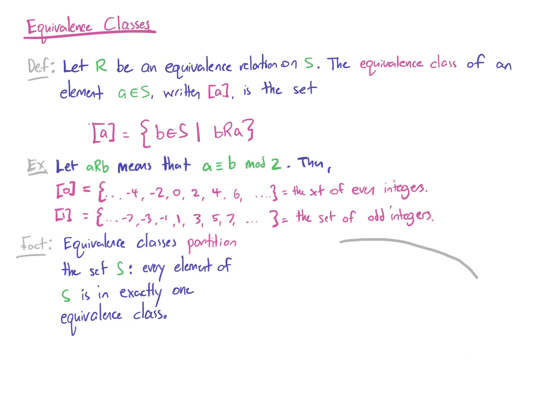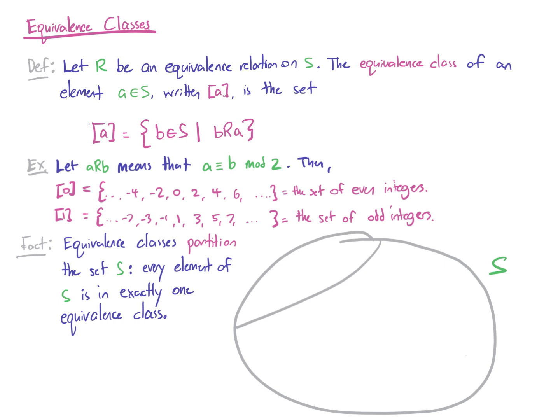If we draw this, here's a big Venn diagram type representation of the set S. What this means is that this entire set can be subdivided into a bunch of sets or regions that fully cover S. So here maybe is the equivalence class of element A, here's the equivalence class of element B, the equivalence class of element C, the equivalence class of element D. What I'm saying is that every single piece of S lies inside some equivalence class. There's nothing outside an equivalence class, and none of these equivalence classes ever overlap.